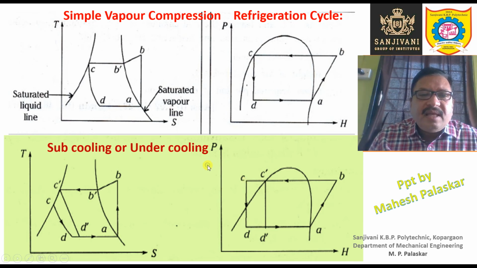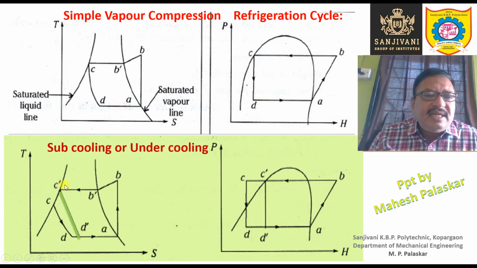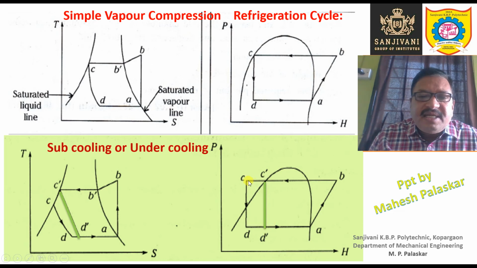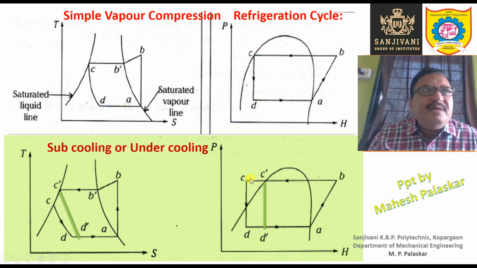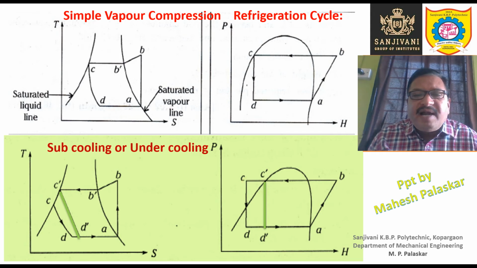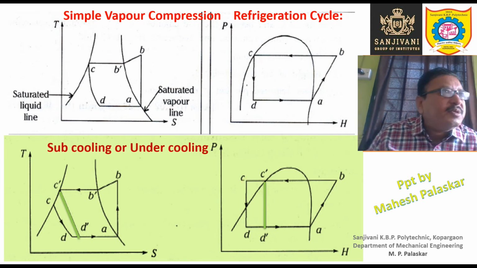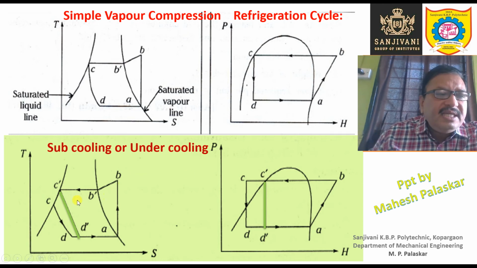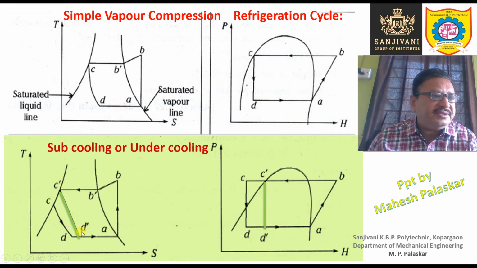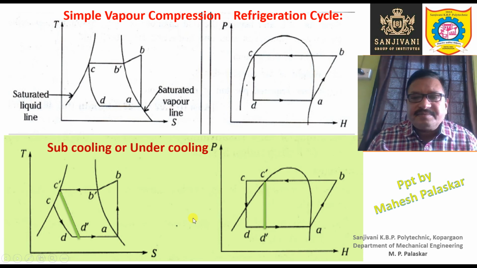So that means C dash D dash is not the process of expansion, but CD is the process of expansion if we go for subcooling, because we are coming up to point C, and therefore we can't expand from C dash to D dash. The expansion process will be CD, not C dash D dash, right?